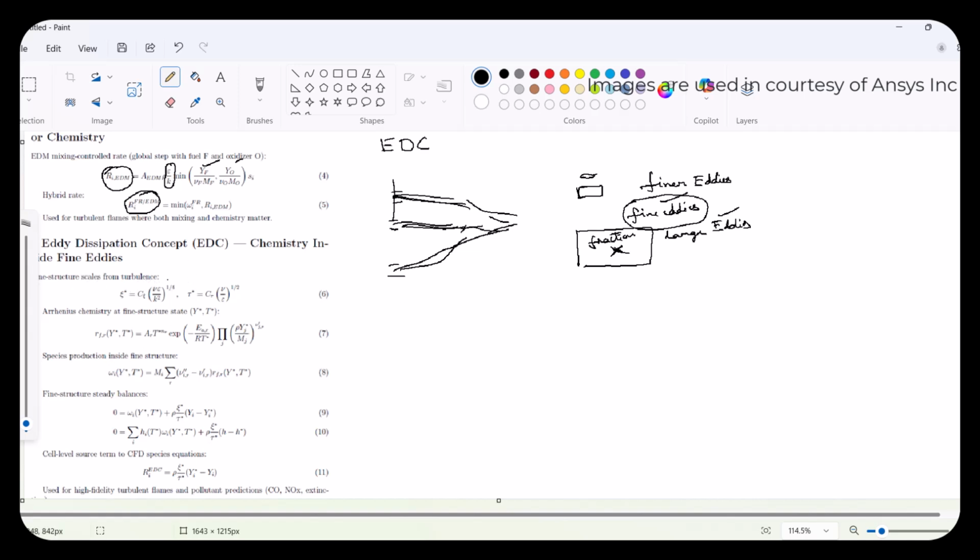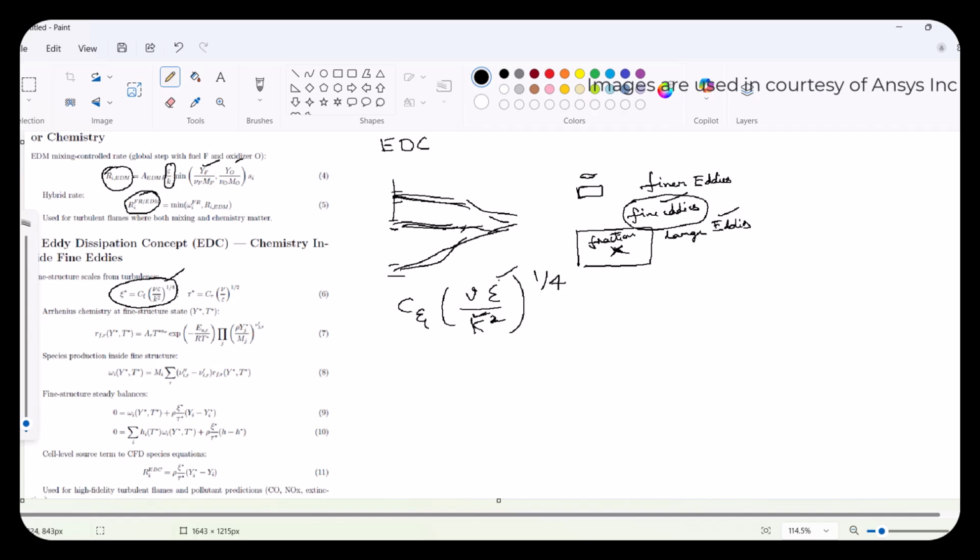As you can see here, these are the fine structure scale eddies. This represents the fraction of the entire cell that has these fine eddies, which is dependent on the eddy dissipation rate and k squared, where k is the turbulence kinetic energy.